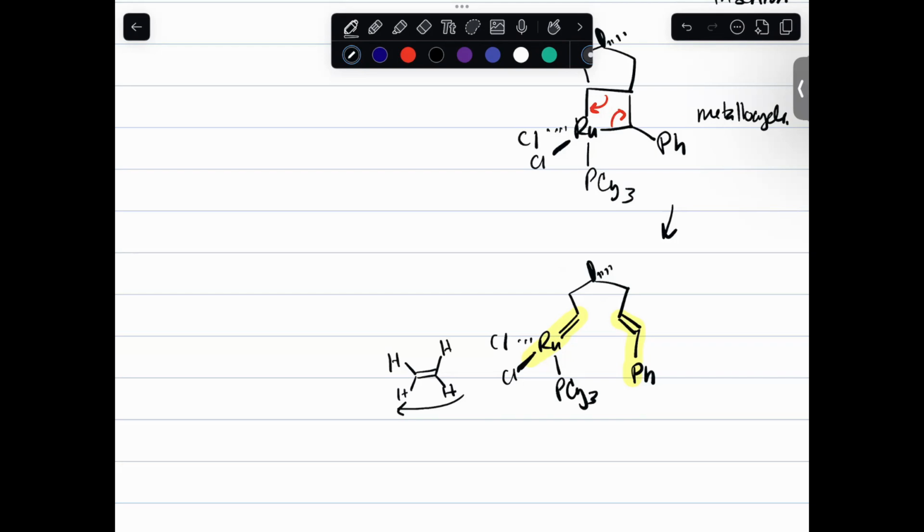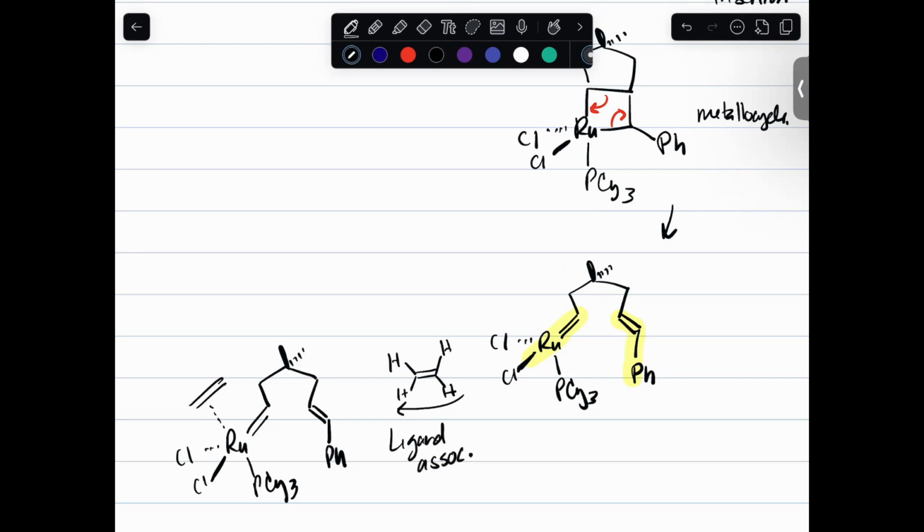And just like before, there is ligand association. Just like before, we have a pseudo-migratory insertion. So let me write down ligand association here first before we move on, followed by pseudo-migratory insertion.